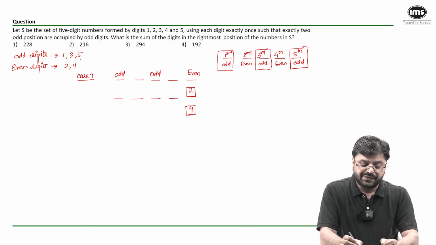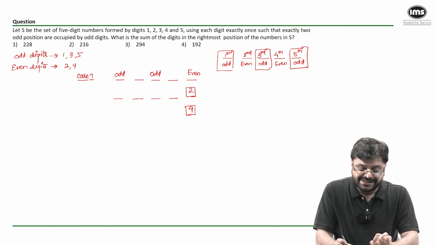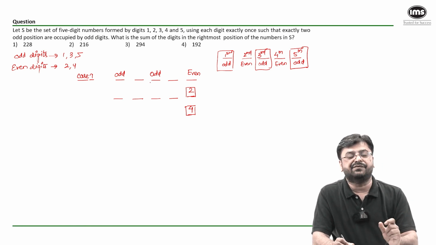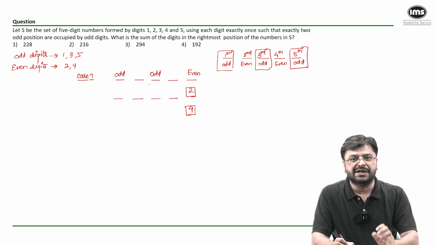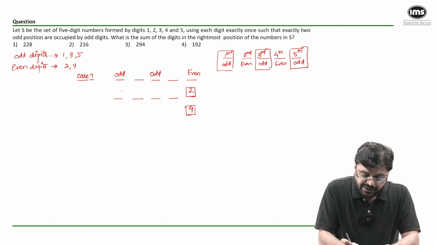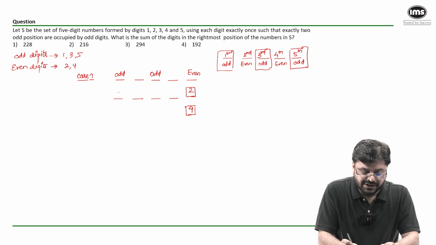Now in this case, we have 3 odd digits, out of which we need exactly 2 digits which can be used at first and third position, because already at 5th position we have placed an even digit. So what we'll be doing here, we can fill this place with any of the 3 odd digits, which is 1, 3, 5. This can be done in 3 ways.